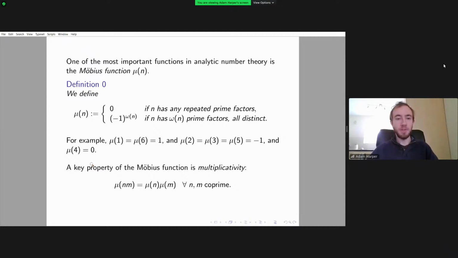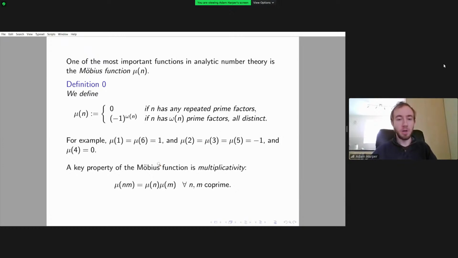So to motivate this, I want to talk about the Mobius function a bit, which is something that many people will be familiar with, but maybe not everybody so much. So what is the Mobius function? It's a function defined on natural numbers. And you define it to be 0 if the natural number has any repeated prime factors. And if n doesn't have any repeated prime factors, then it's just 1 or minus 1, depending on the parity of the number of prime factors of that.